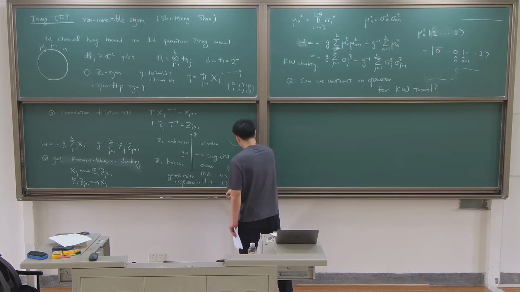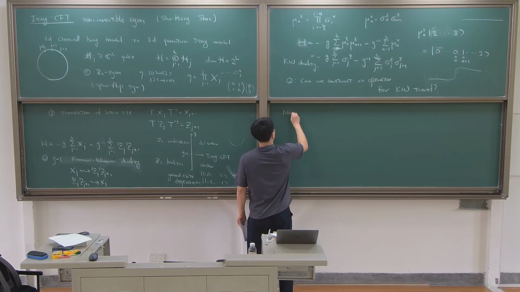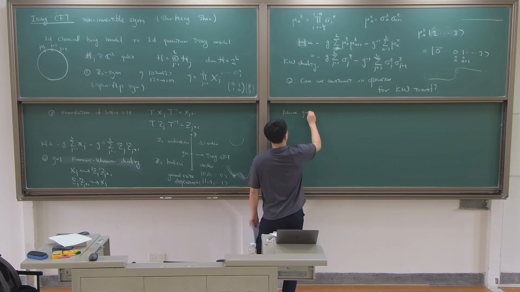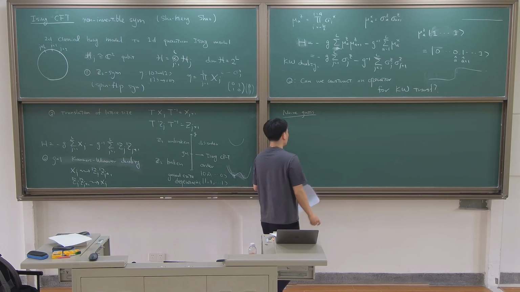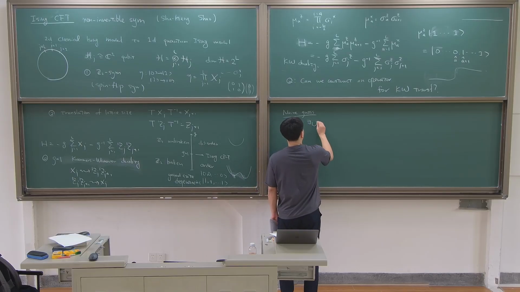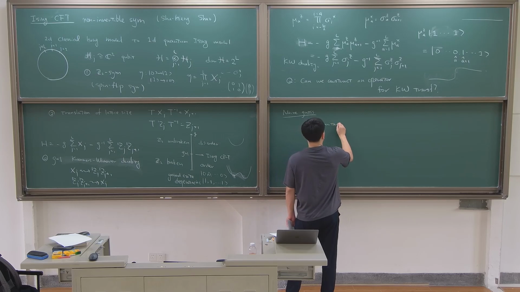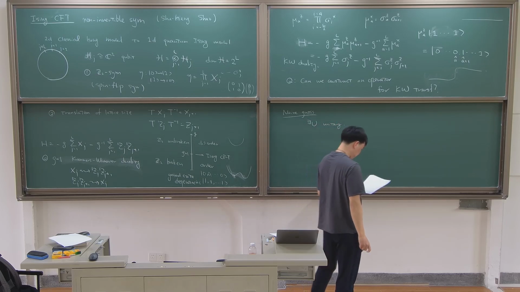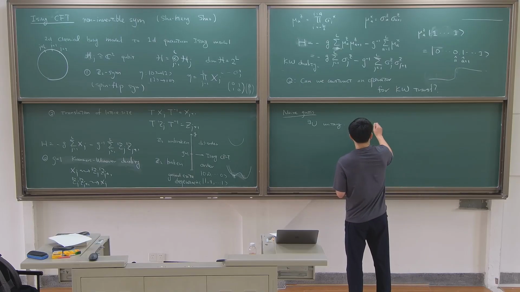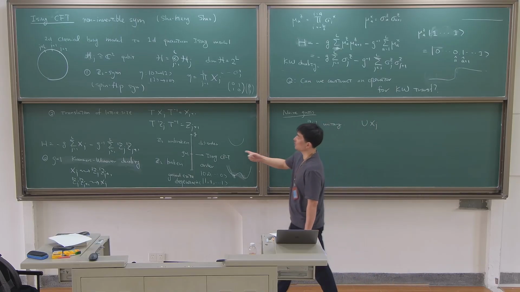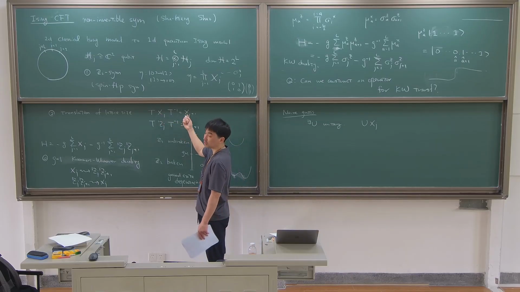So, a naive guess. There exists a unitary operator U such that U xj U inverse goes to xj plus 1.